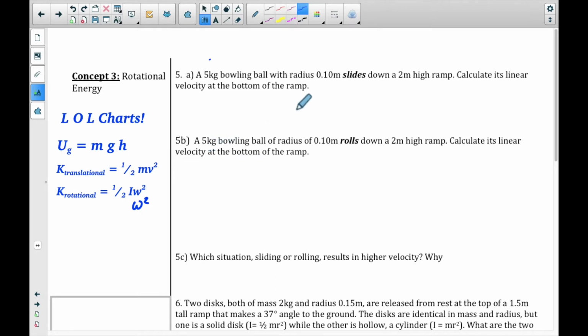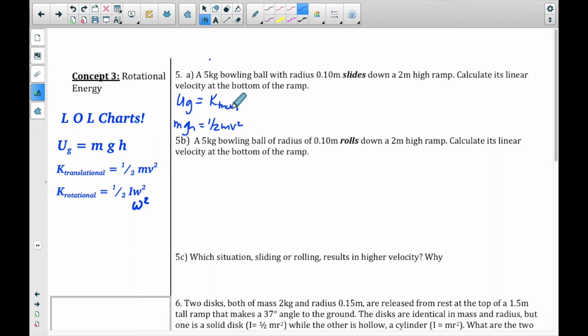But anyway, we need to calculate the linear velocity. If we're talking about linear velocity and it's just sliding, then we're just going to stick with the old-fashioned gravitational potential being turned into translational. And so we're going to have mgh equal to 1/2 mv squared.